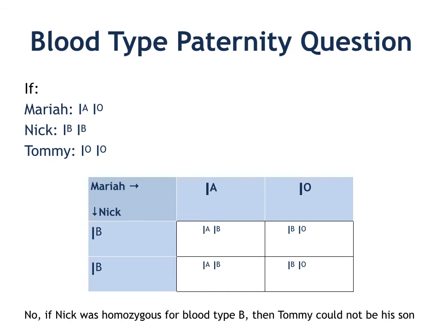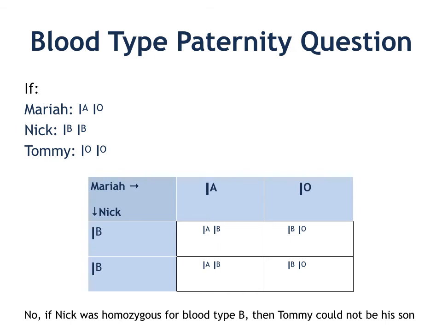Here we have the mating in which Nick is homozygous for the IB gene. He mates with Mariah, who is heterozygous for type A blood, so she is IAIO. And you should know that if I say Mariah is heterozygous for type A blood, the only other allele she could have would be the IO allele.